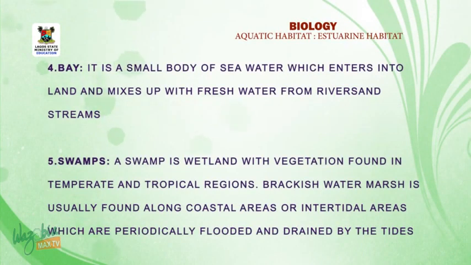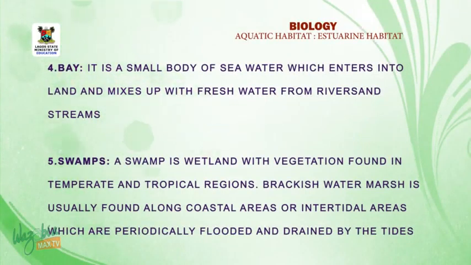Then the 4th one is bay. Bay is a small body of water which enters into land and mixes with the fresh water from rivers and streams. So we have a small portion of the seawater that enters into land and mixes with the fresh water there.